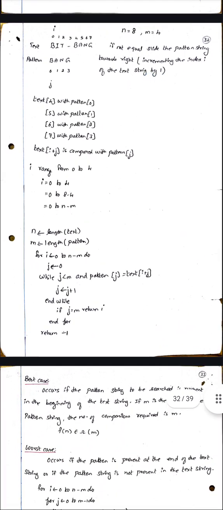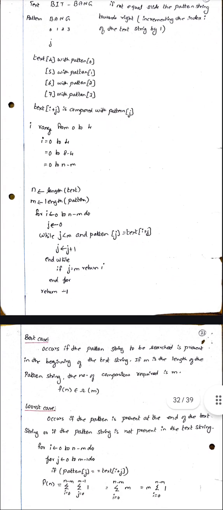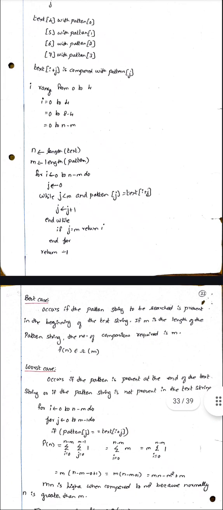So text of i plus j is compared with pattern of j. i ranges from 0 to 4, that is 0 to 8 minus 4, which is n minus m. Here n is the length of the text, m is the length of the pattern.